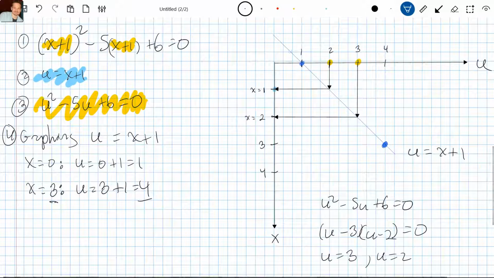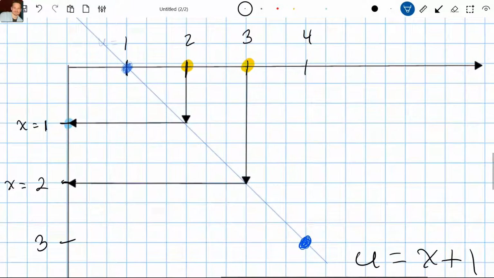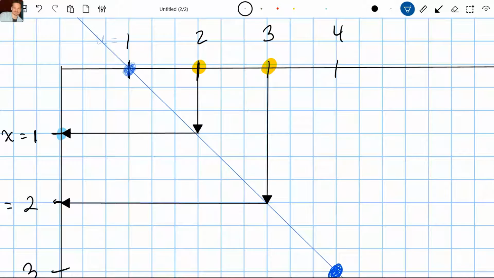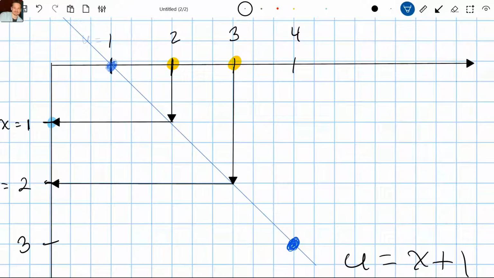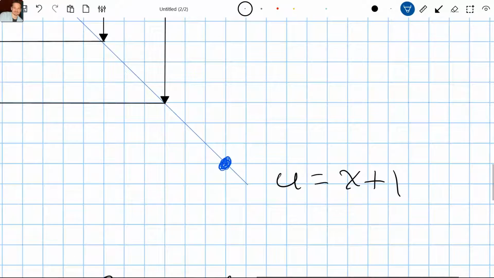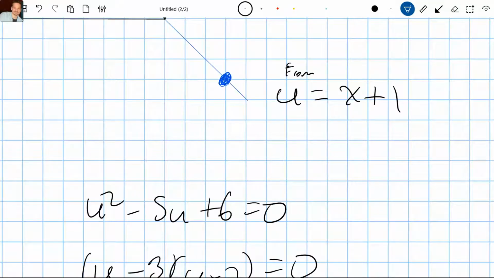You should know another thing, that in this diagram, when you are going from x over to u, remember that in this context this is the u-axis, when you are going from x space over to u space, u equals x plus 1. So from x over to u. But if you want to go from u over to x, you have to solve that equation.